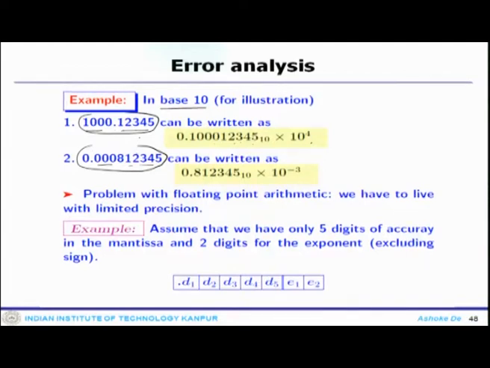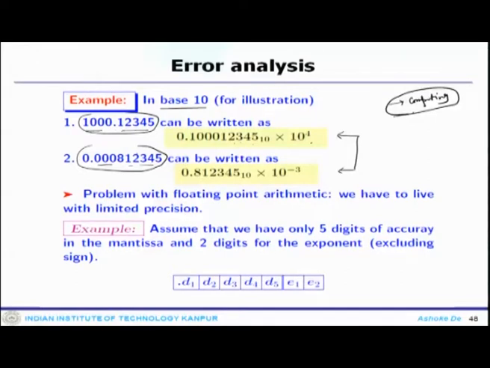But what is important here is that we are trying to correlate these things, which are taught in school level arithmetic, to how important they become when you actually do large scale programming and numerical algorithms converted to a set of instructions for computers. So, this becomes important from the computing point of view.